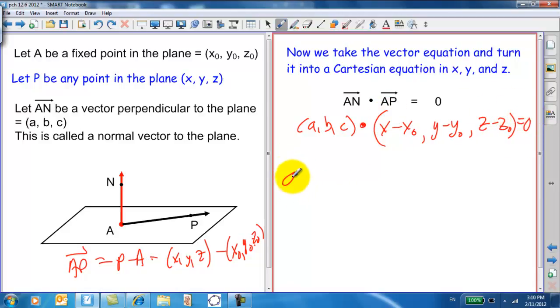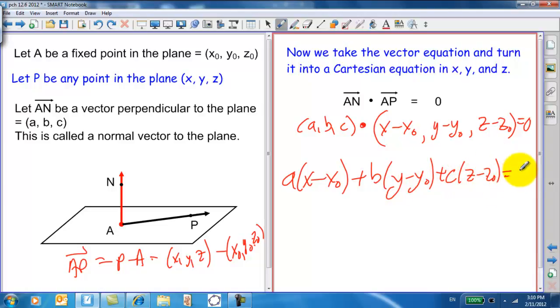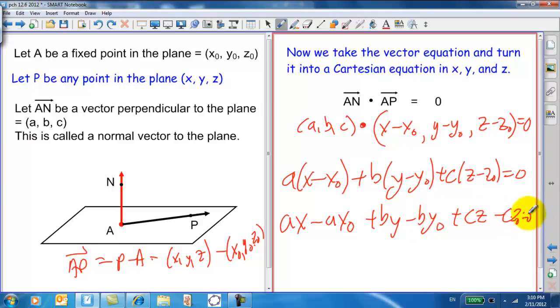Now we do the dot product. A times X minus X naught plus B times Y minus Y naught plus C times Z minus Z naught equals 0. So it's AX minus AX naught plus BY minus BY naught plus CZ minus CZ naught equals 0.